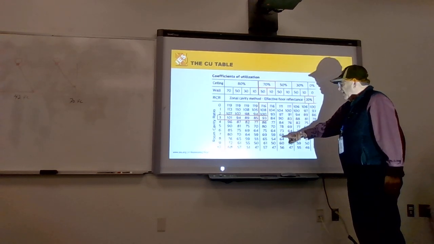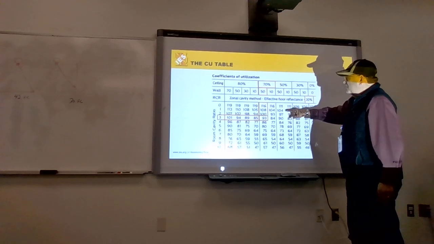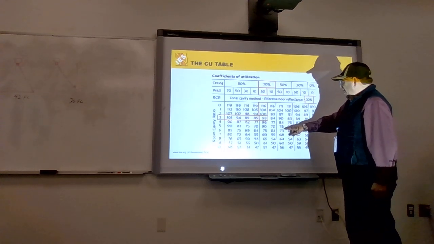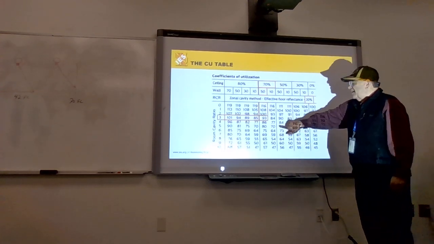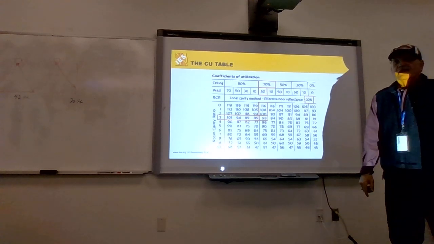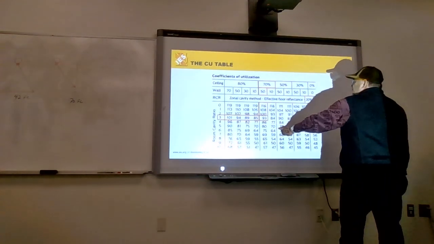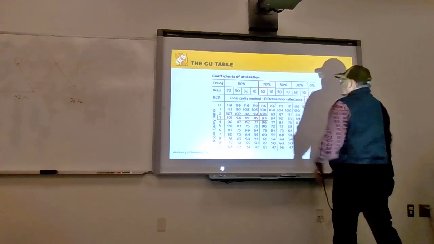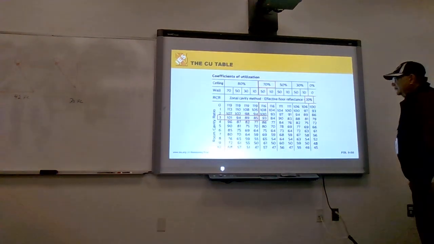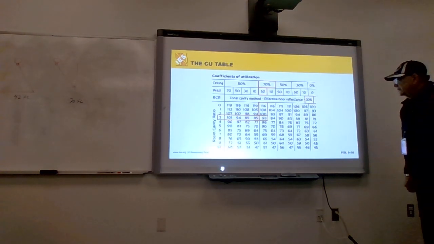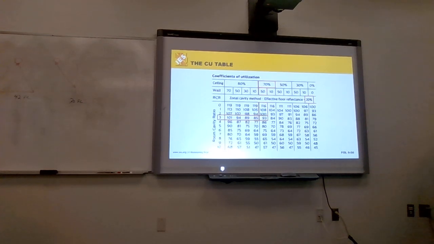That would land us in this column here. And if we had a room cavity ratio of 5, we would expect 78 foot candles. Right? Because you're going from room cavity ratio over to this column here. That's the way we read that.